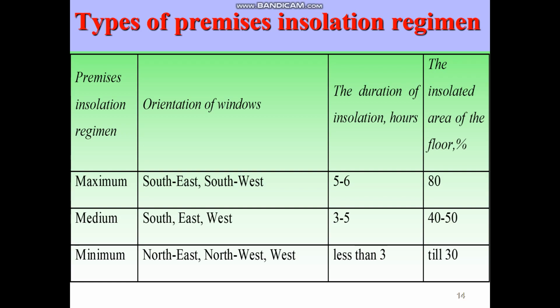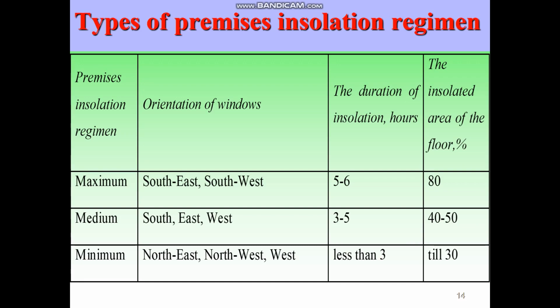Insolation depends on local geographical latitude, orientation of the building, the light-carrying wall relative to the cardinal points, shading of the window by the next building, and the size, form, and construction of light apertures in the wall. There are three basic types of insolation regime: maximum, medium, minimum, and different variants of their combination.